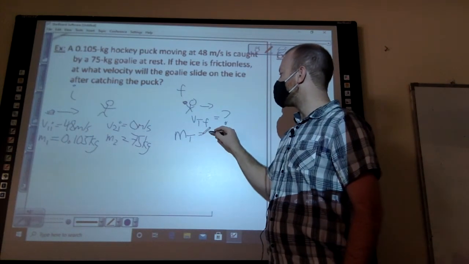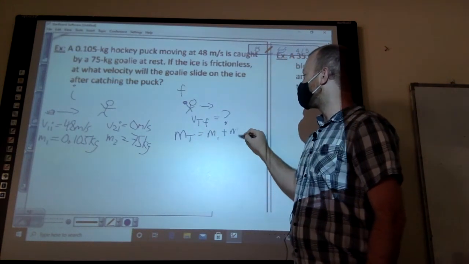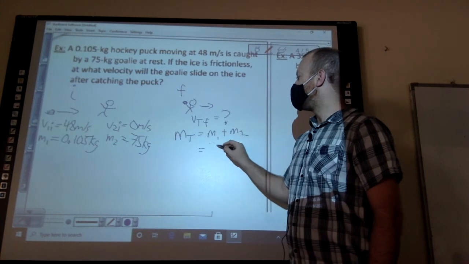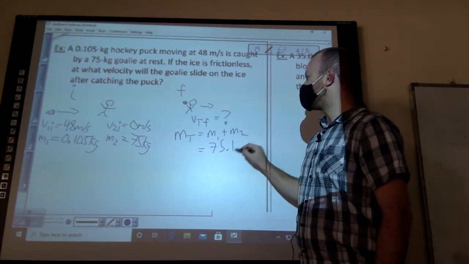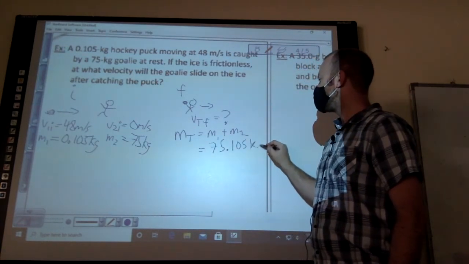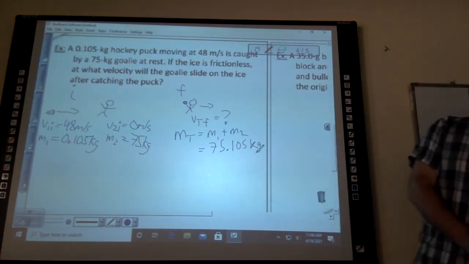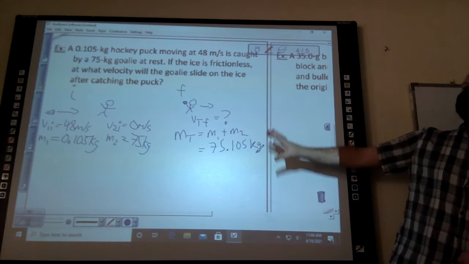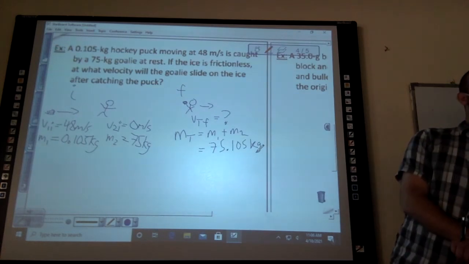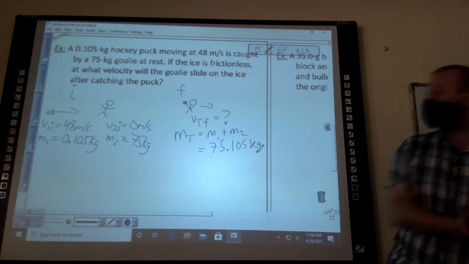And to do that, I just go M1 plus M2. So 75.105 kilograms. So when two objects hit and they stick, this is what I need to deal with. I need to deal with it as a total system.